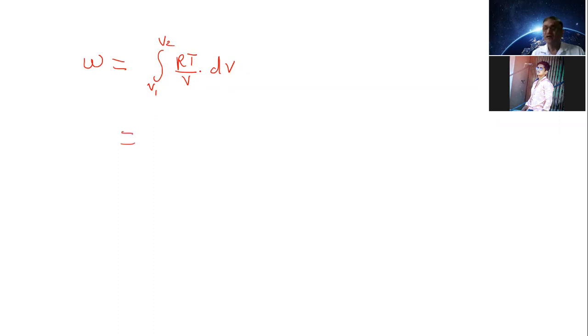But R and T are constant because it is the isothermal change, hence T is constant. R is the gas constant. त्यामुळे आपण RT ला बाहेर काढू शकतो. We can take RT out of the integration sign here. And that's why integral of dV upon V, integration limit V1 to V2, is equal to RT integral of dx upon x.